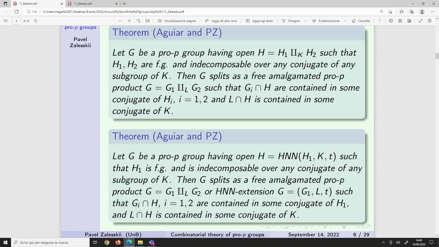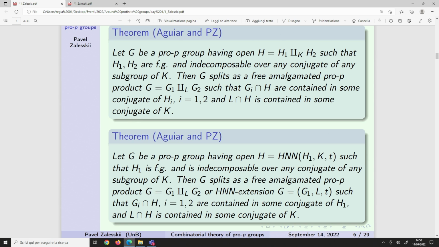Providing that our building blocks do not split further over some subgroups of K, that they are unsplittable in our environment. So if H1 and H2 are indecomposable over any conjugate of K, where indecomposable means that they do not split as an amalgamated product or HNN extension, then our overgroup splits as an amalgamated product or HNN extension here.